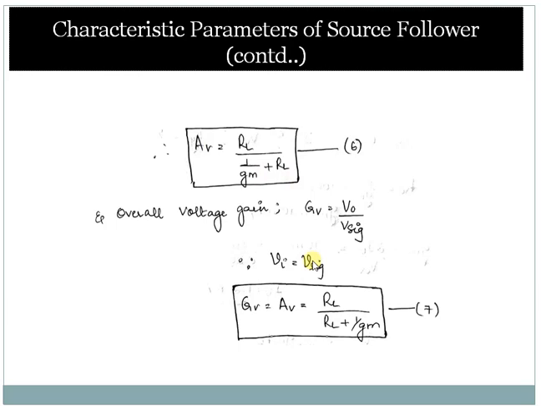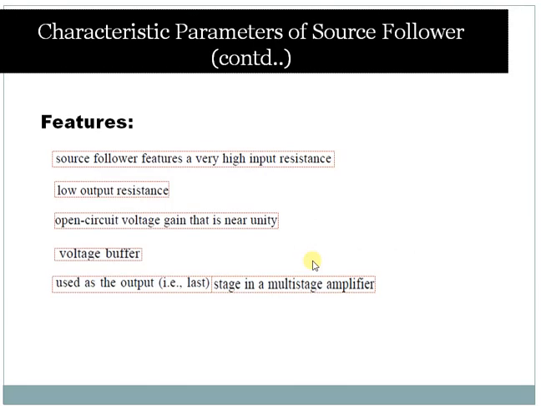Next let us look into some of the features of the source follower. As you can see, the source follower has a very high input resistance, which is equal to infinity. The output resistance is very low, close to 0, and the open circuit voltage gain is close to unity. The circuit is also called a voltage buffer, and we narrated in the very beginning how it acts like a voltage buffer.